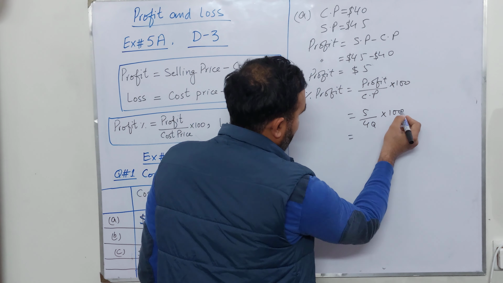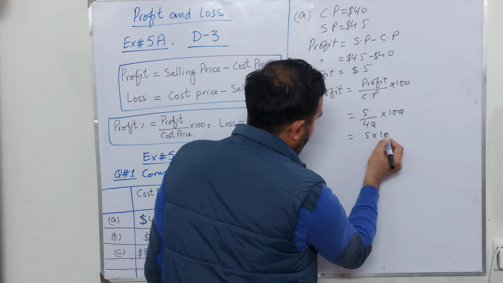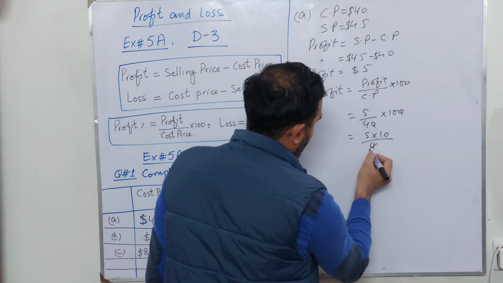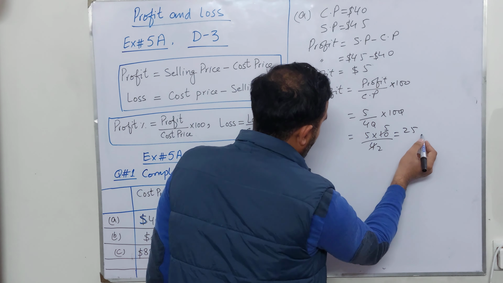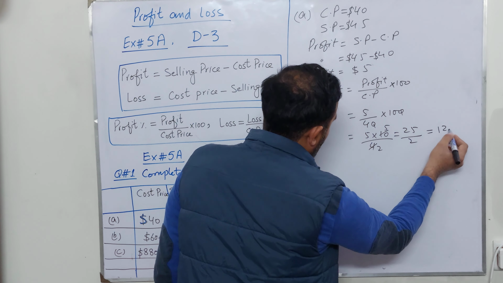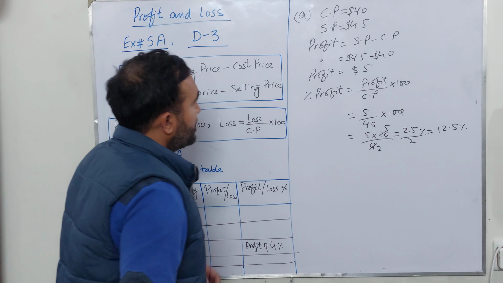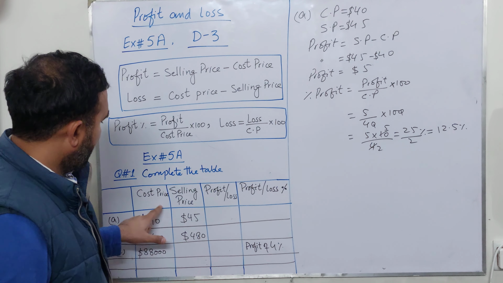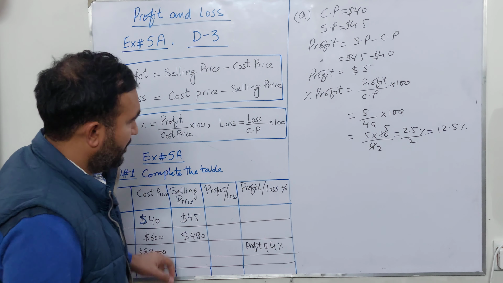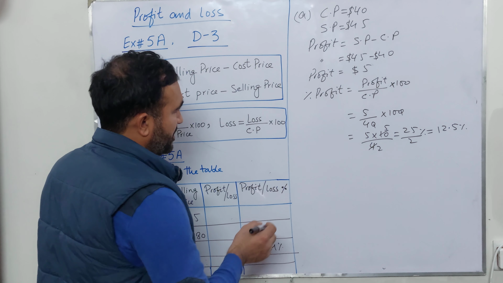So we can cancel 0 with 0, and then 5 multiplied by 10 divided by 4, divided by 2, so we'll get 5 divided by 2, and that is equal to 12.5%, right? So the profit made in this transaction is 12.5%. Okay, so that is profit percentage.